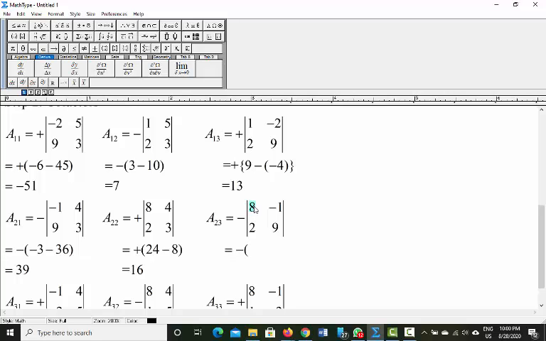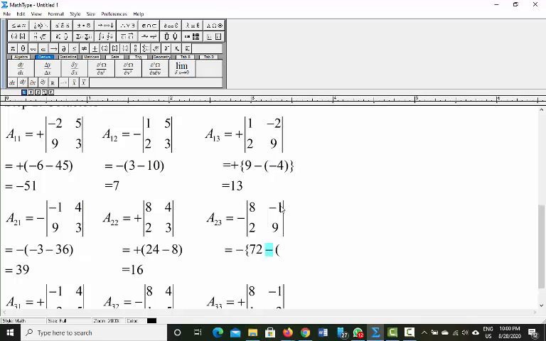Now again we will multiply the right diagonal elements first. 8 multiplied by this 9, that means 72. 72 minus, this is the minus of the formula.